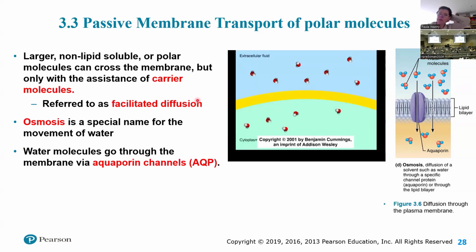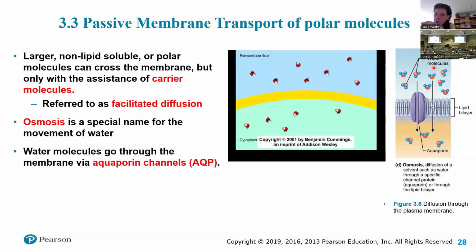Now, remember, osmosis is the movement of water. Okay, so water molecules will go from the area where you have more water to the area that has less water. So if you look at the cytoplasm, the inside of the cell, you're going to have less water than you have at the outside, at the interstitial fluid.